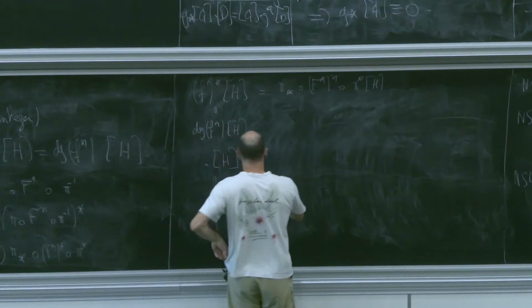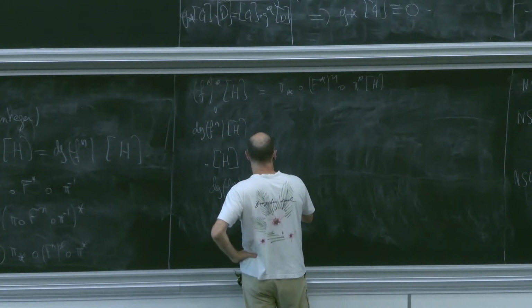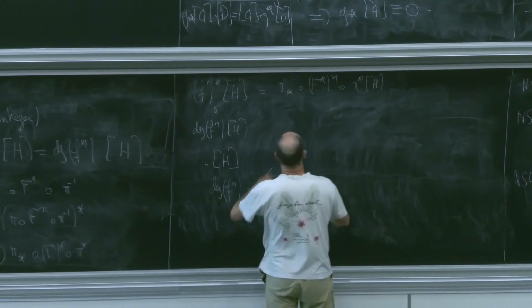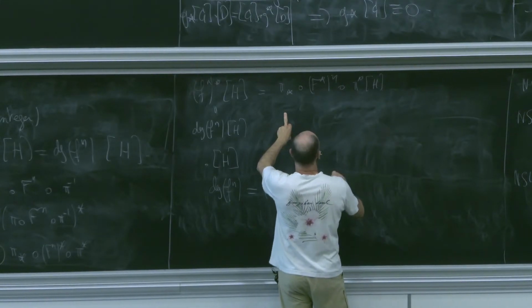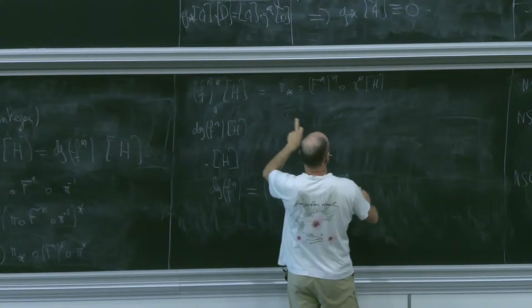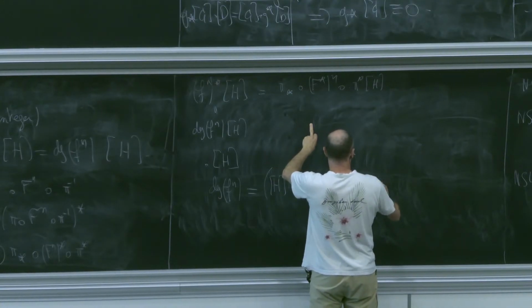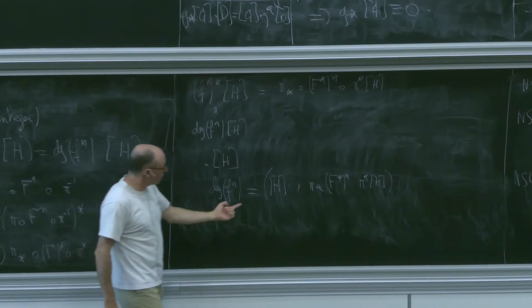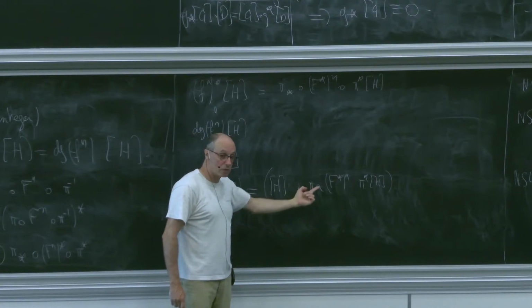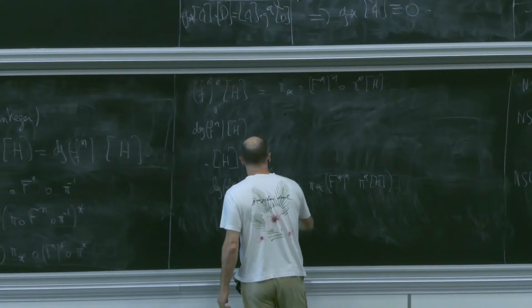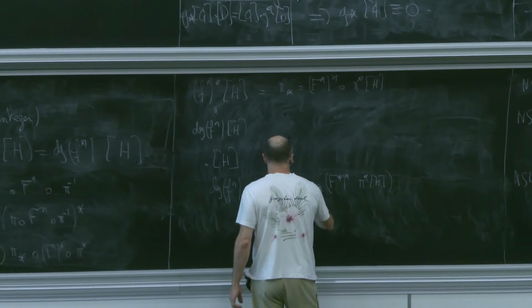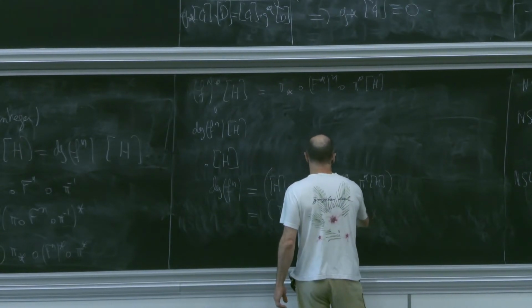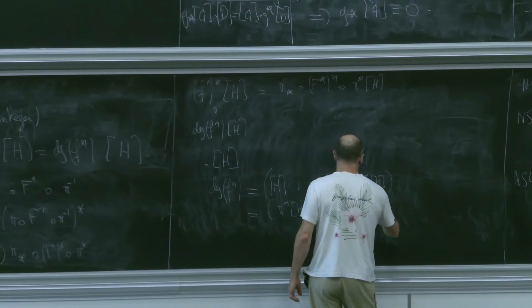And on the other side, I get H intersected with push forward, pullback by F^n, pullback H. And here I'm using the fact that the push forward is the transpose of the pullback. So this is pullback of H, composed F^n upper star and pullback of H.